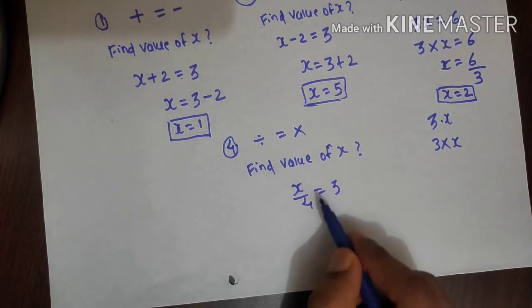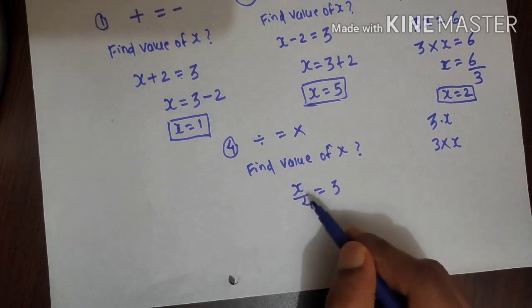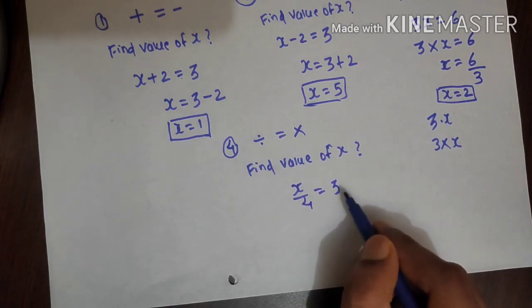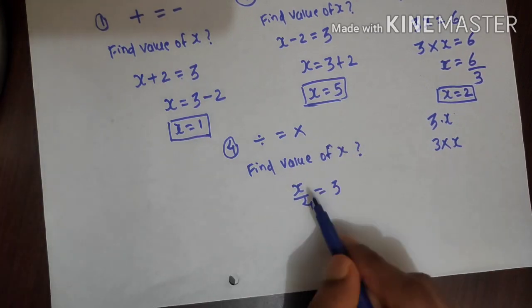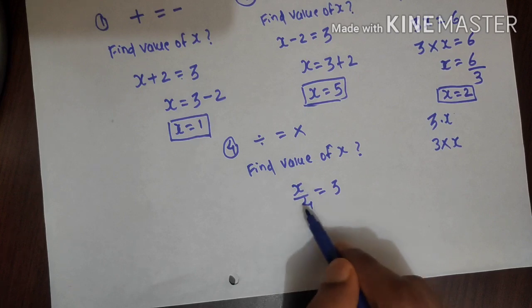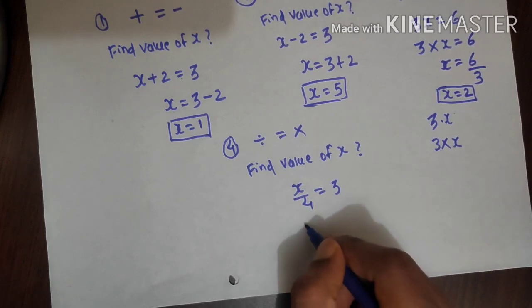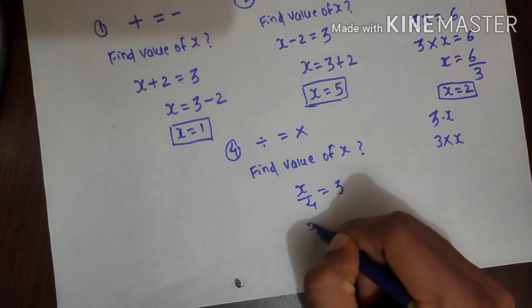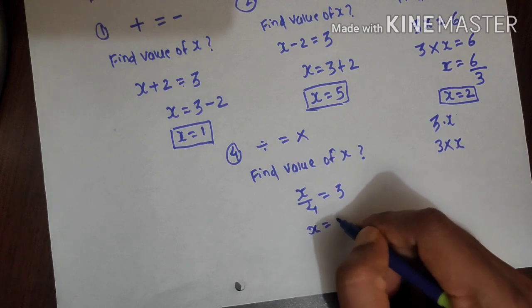Now see this, here we have a division here, and when we move division from left side to the right side, it becomes multiplication. So note one point, in division we want to move only the denominator part from one side to another side, not numerator part. Numerator part, that is x, will be as it is, this equal to sign as it is, this 3 as it is.